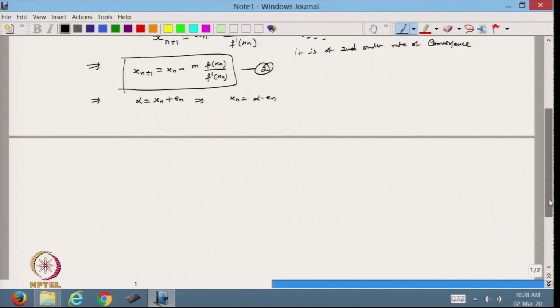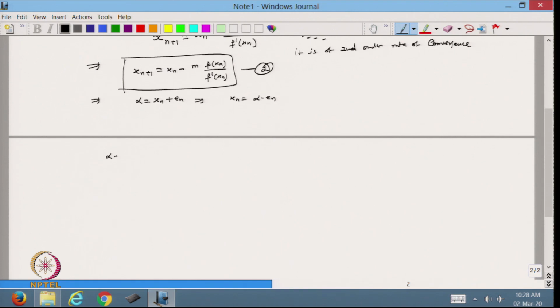The same way we have done for the Newton-Raphson, from here I can write alpha minus e(n+1) equals alpha minus en minus m f(alpha minus en) divided by f dash(alpha minus en).